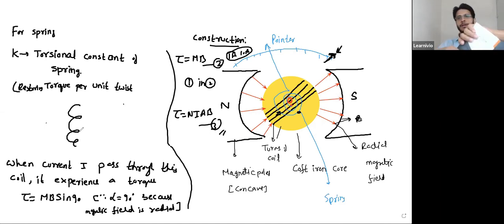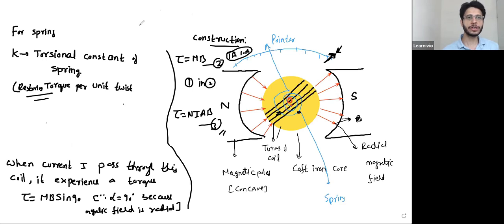If I rotate it and I leave, then after some time it will come back to its original position. So when the spring comes back to its original position, a restoring torque is acting on the spring. Restoring torque means torque which takes the spring back to its initial position.